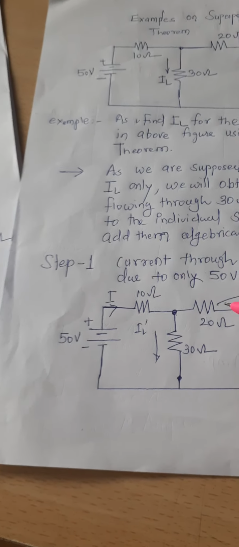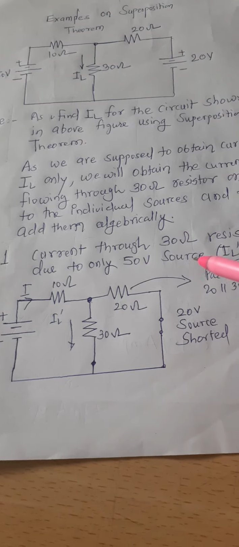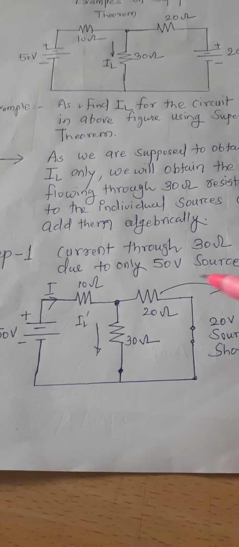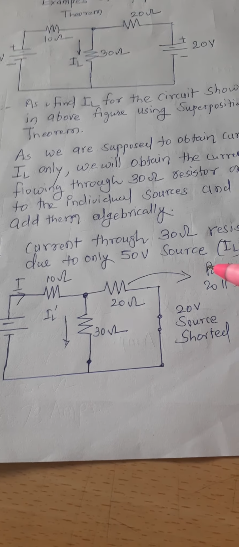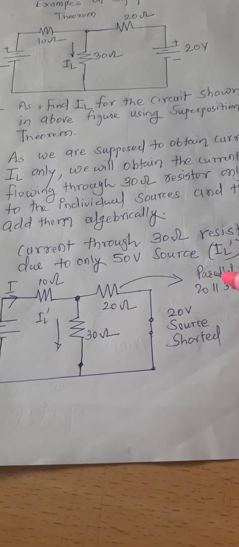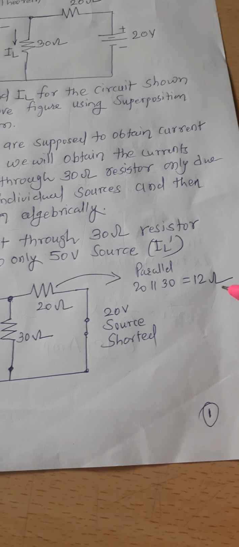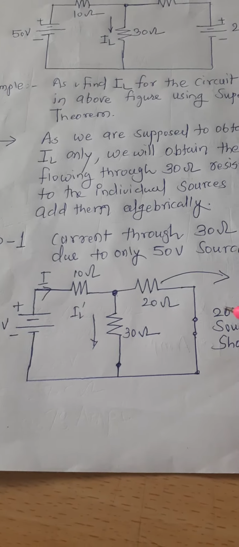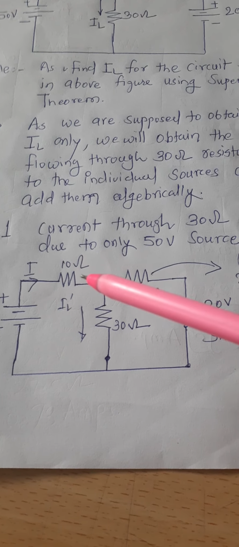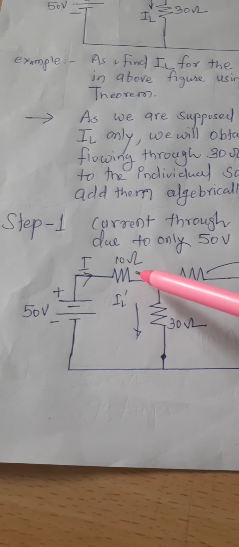Let us see step 1, current through the 30 ohm resistance due to only the 50 volt source. The parallel combination of 20 and 30 is 12 ohm, and this 12 ohm is added to this 10 ohm resistance.